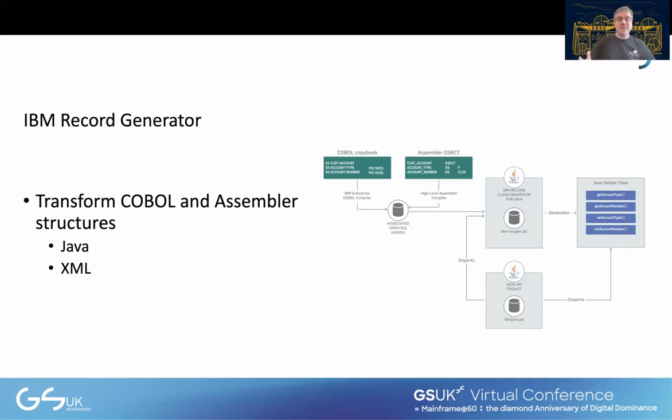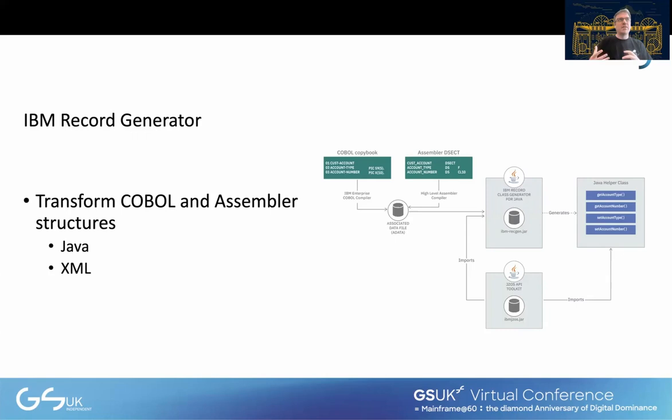So you can go off and find it. And when I upload these slides, I'll go through and add all the links and stuff to the relevant pages. But what this will do is it will take the output and the data that the compiler can provide around your COBOL structures that are used within your programs and use it to generate you a Java class or an XML schema that will then work with that.